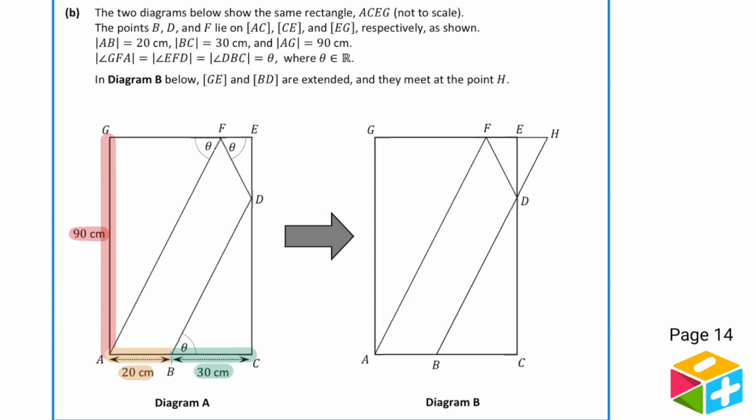We've also been told that three of the angles in this diagram are equal. They've all been labelled with theta. In diagram B, the lines GE and BD are extended to meet at a point H. These two diagrams will be helpful for the questions on the next page.